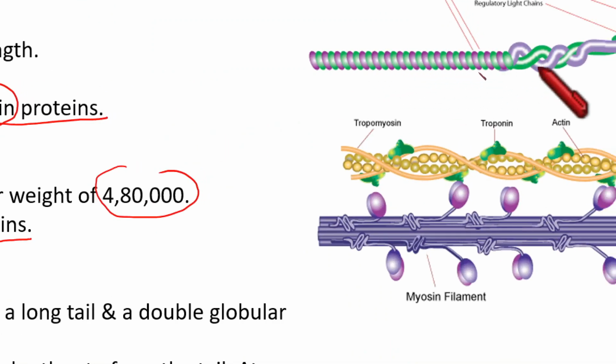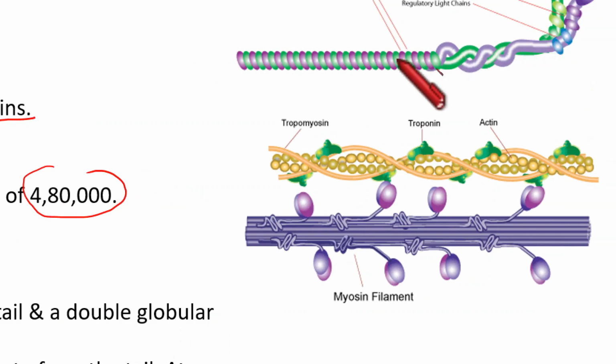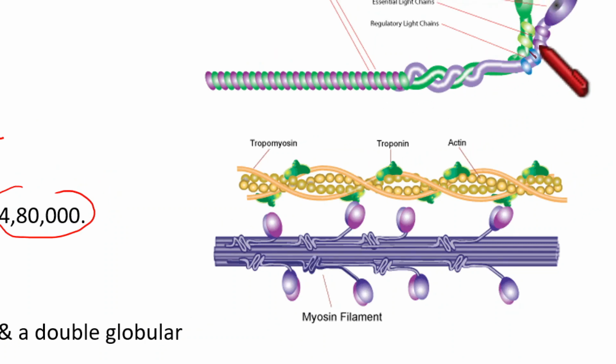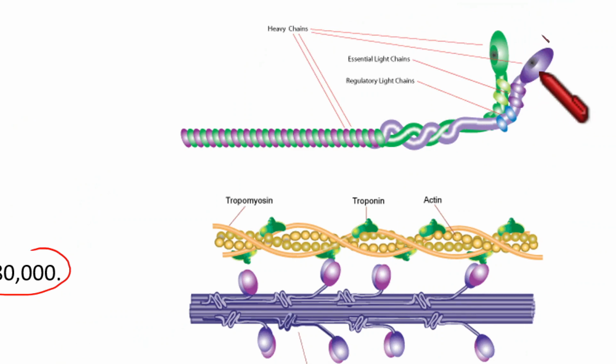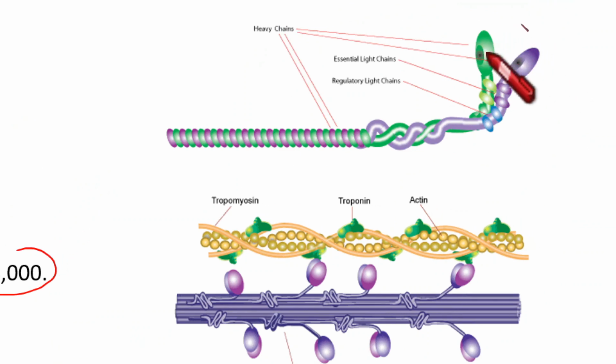The two heavy polypeptide chains are helically coiled around each other and form the tail of the myosin protein. And at the other end, they get separated and form the head of the myosin protein. Clear? So that's about two heavy chains.